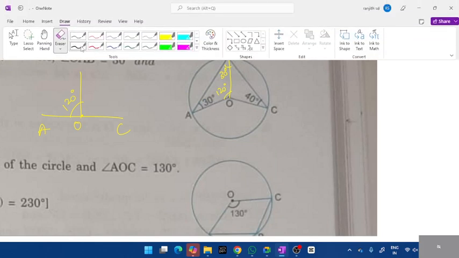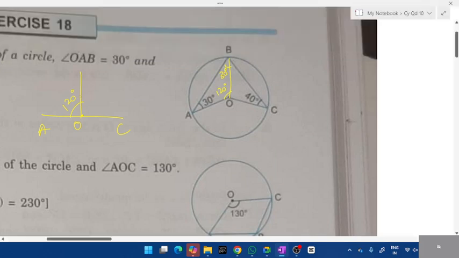If it were a straight line, students, what would be angle BOC? 180 minus 120, we got 60 degrees. But it's not a straight line. Therefore, don't assume it to be 60. Yes. Look at the second triangle.